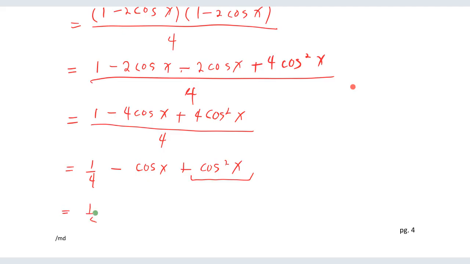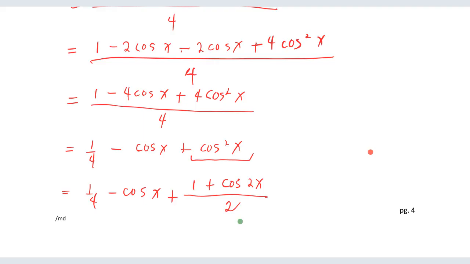So it equals 1/4 minus cosine x, and then we'll have there plus 1 plus cosine double angle over 2. I just changed the cosine squared x using the power reducing formula, which is equivalent to 1 plus cosine 2x over 2. I will just be distributing the 2 here so it will be uniform to the other terms.